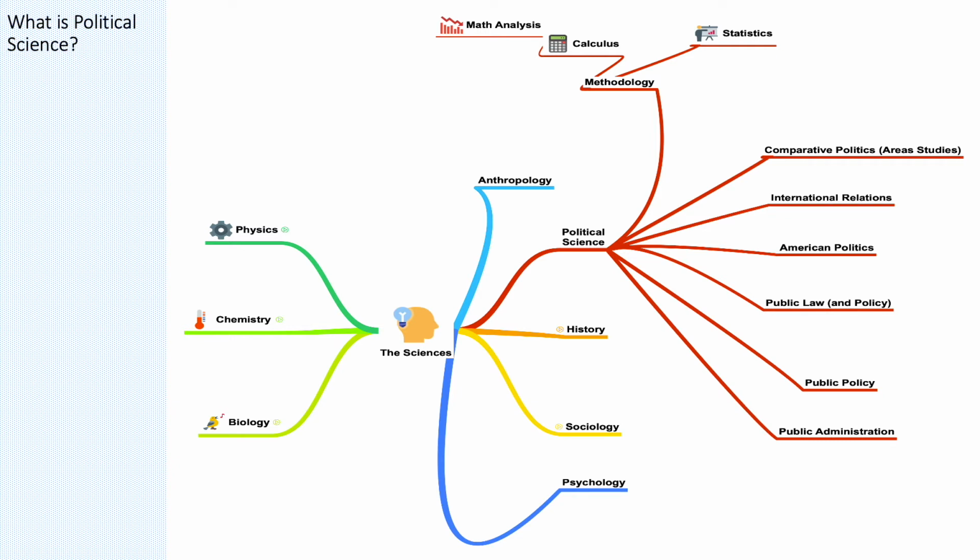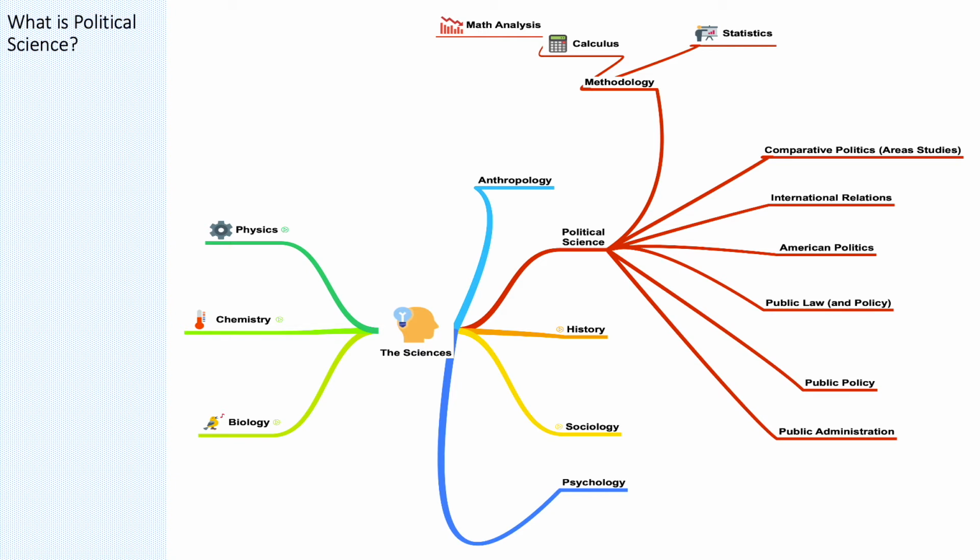Public administration, therefore, is very heavily concentrated on the activities of the executive branch, particularly on the activities of unelected bureaucracy. So this is a quick rundown of different subfields of political science.